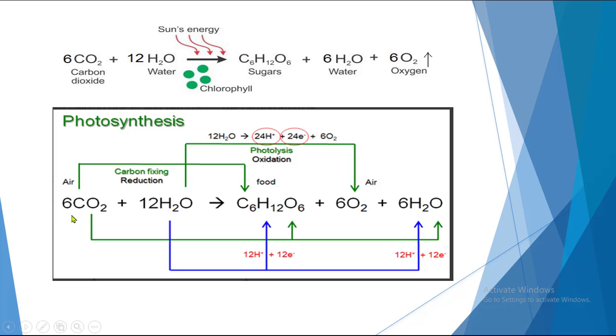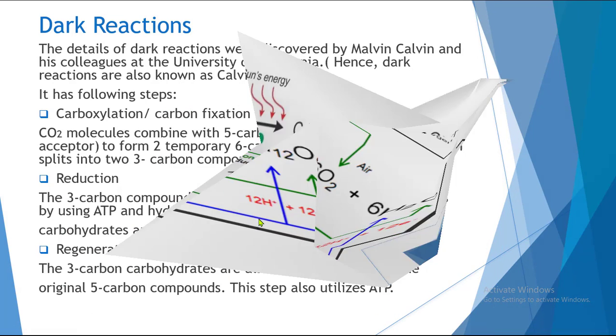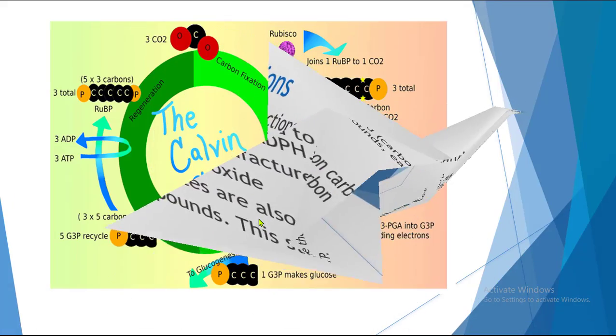So we will start with 3 carbon dioxide molecules, and to make a complete glucose, this Calvin cycle has to undergo 6 times. For every carbon dioxide it will undergo the cycle, and finally it will produce 1 glucose molecule, but we will start with 3 carbon dioxide molecules.